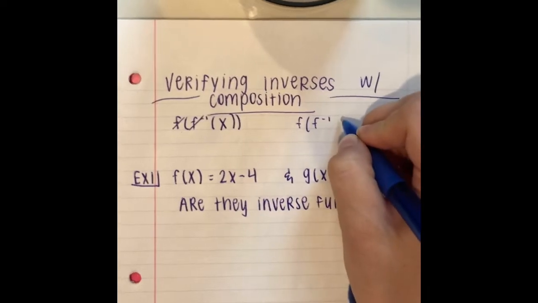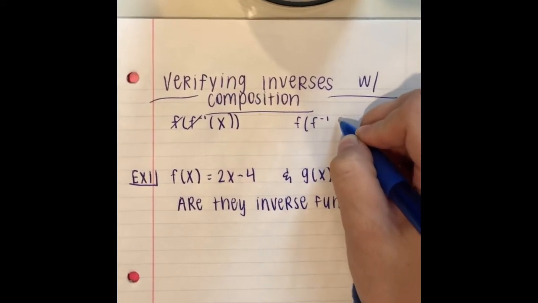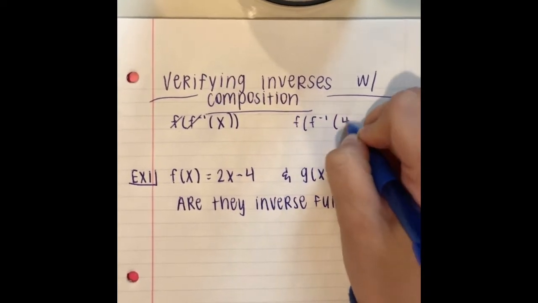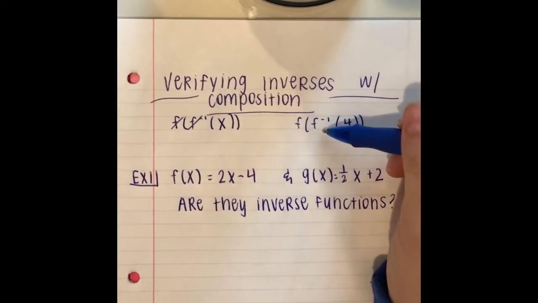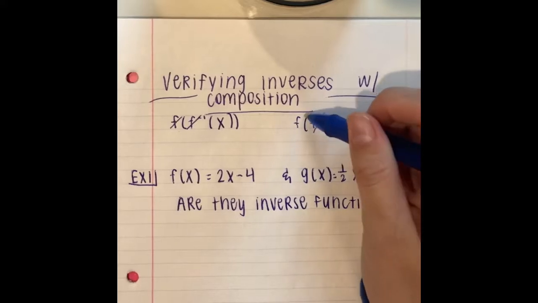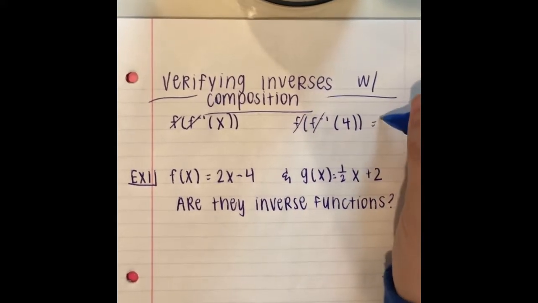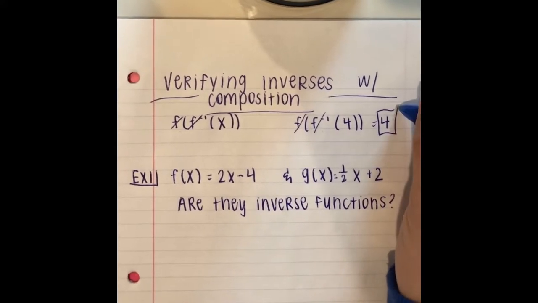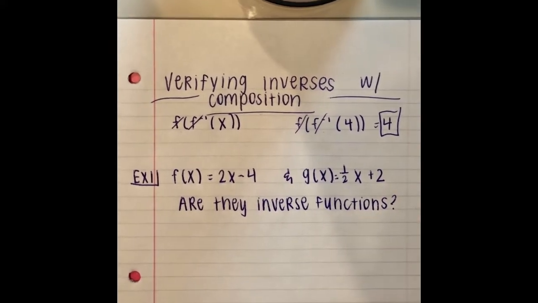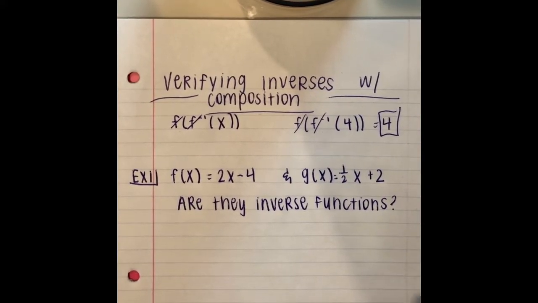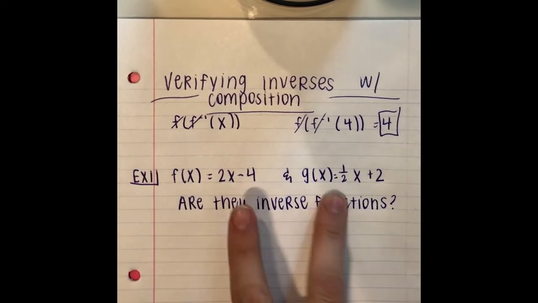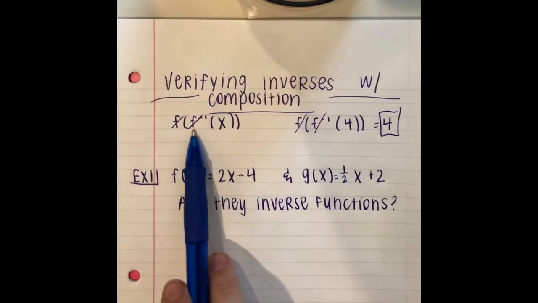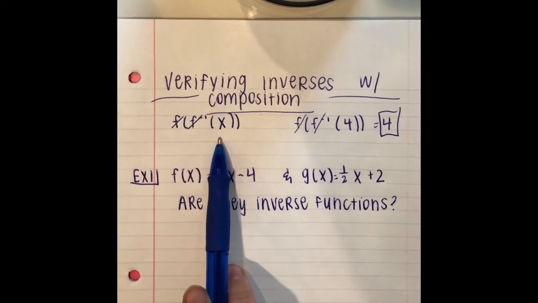We had f of the inverse function of f of 4. What would happen is that the function and its inverse would cancel out, and your answer is simply 4, right? So that's what we're going to use to verify if these functions are actually inverses of each other or not. Okay, what we would need to happen is we would need everything to cancel out except for x, right?